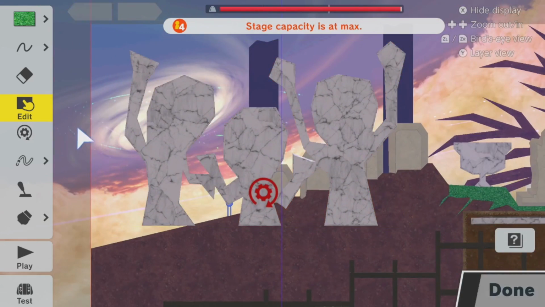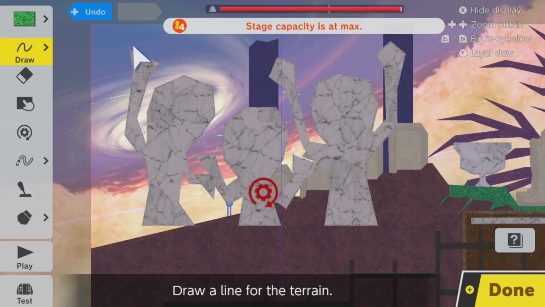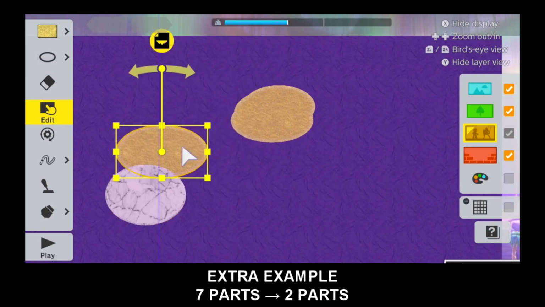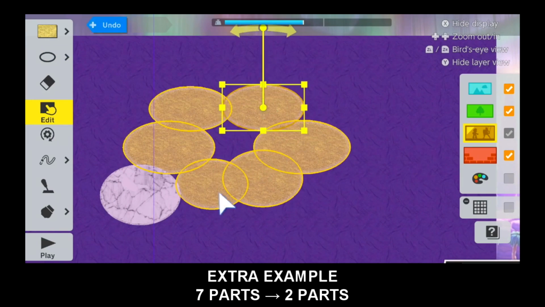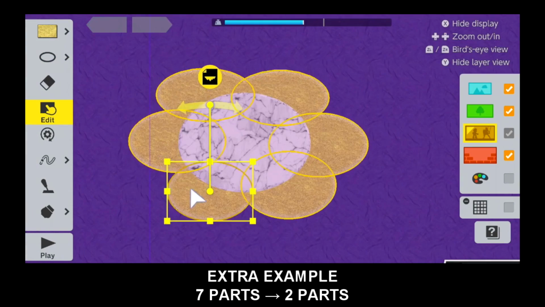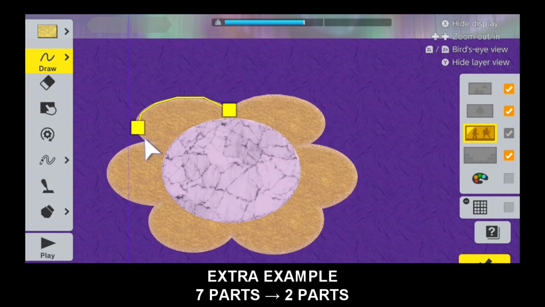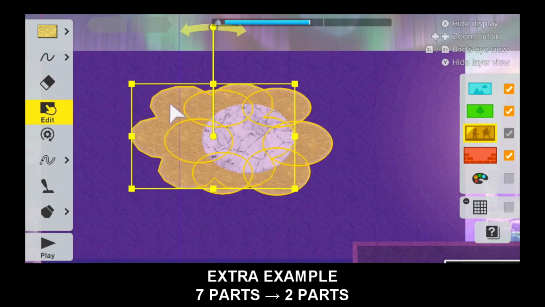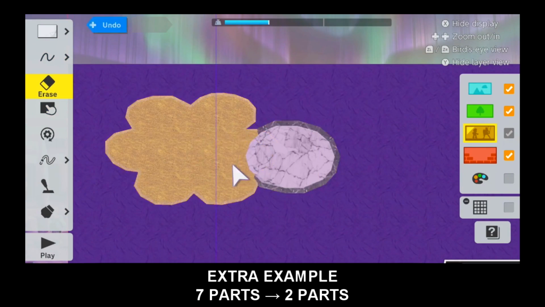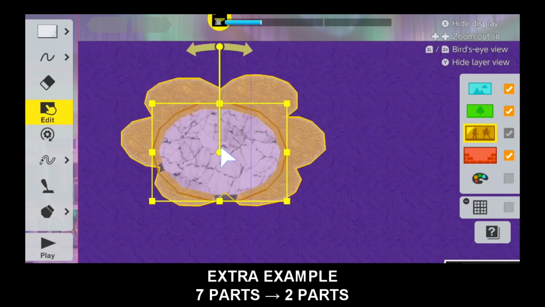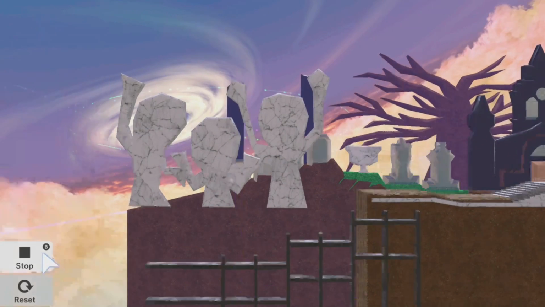And to do that, I actually drew each one individually first, and then traced over them into one part and deleted the 3 older parts. And then I'm able to make them move around like that.